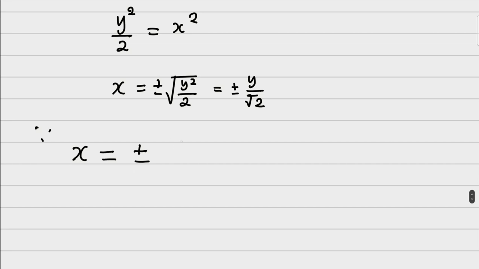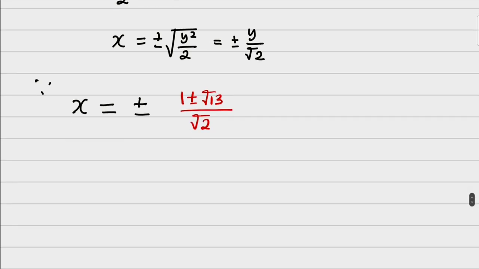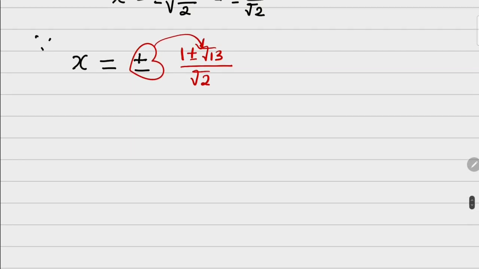So we are going to have 1 plus or minus root 13 all over root 2. Now this plus or minus, once it multiplies this, still remains plus or minus, so I don't have a problem with it. So x will still be equal to plus or minus 1 plus or minus root 13 over root 2.